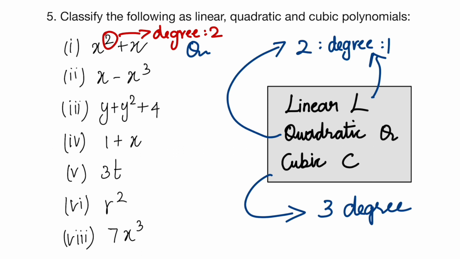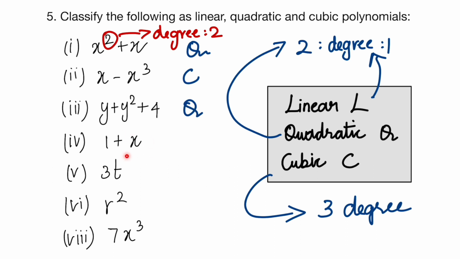I'm just going to mark it, right? Okay, I'm not going to write degree in all subdivisions. We can just go ahead. Now in the second thing we have x cube, right? So the degree is 3. So it's a cubic polynomial. The third subdivision we have y square and the degree of this polynomial is 2. So it's a quadratic polynomial.